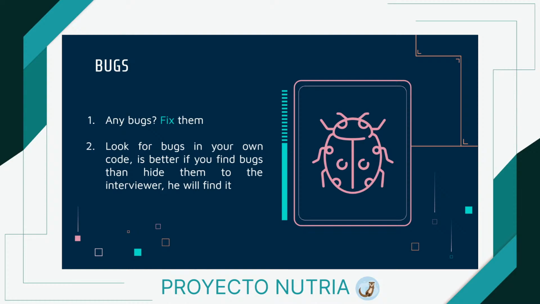So you need to take another look at your code, probably make another test, and if you didn't notice any problem, you need to say, yeah, I think it's okay. That's not in all the cases. Most of the time it's because the interviewer noticed some problem and you need to fix it. But in a few cases, it's probably only to test whether you are confident about your answer.